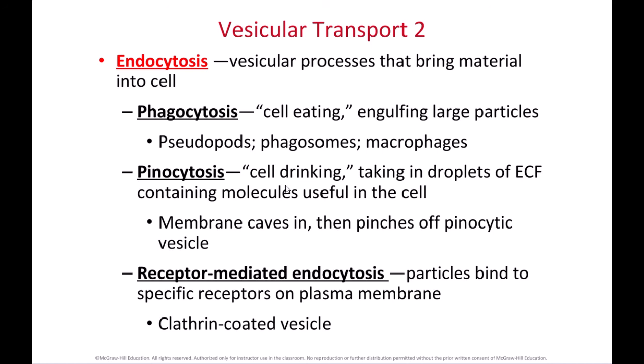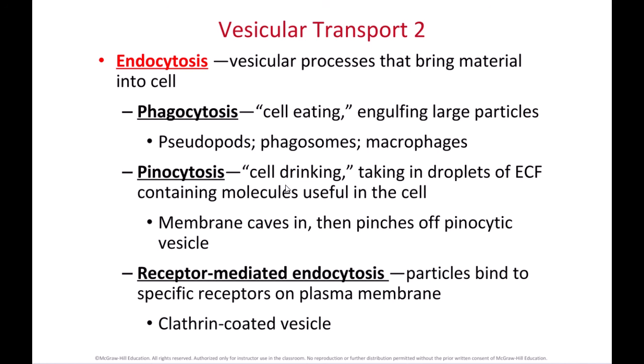And then we have receptor-mediated endocytosis. This is going to have very specific protein molecules on the surface of the cell membrane, and these are going to have their favorite particle. Whatever particle they're designed to attach to will attach to these receptors.